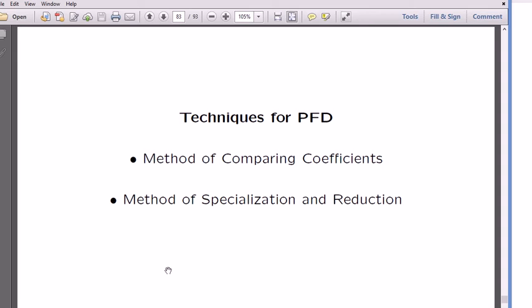So for that, we introduce two techniques. The first one is very standard, everybody talks about this one: the method of comparing coefficients. And this guy works all the time, but often slow. The second one is the method of specialization and reduction, really fast, but sometimes it doesn't work.